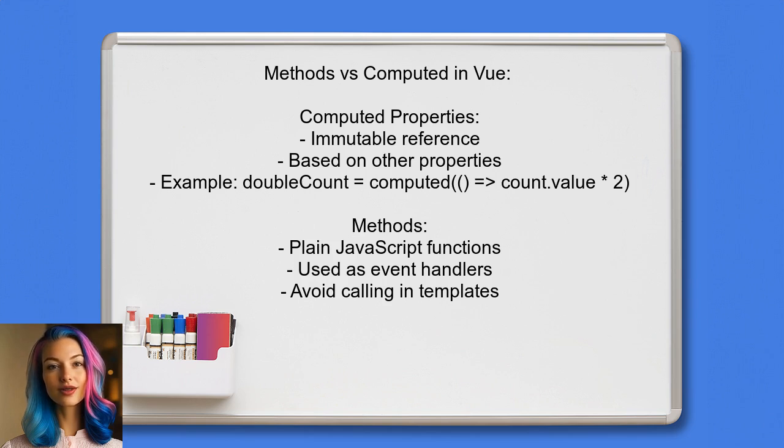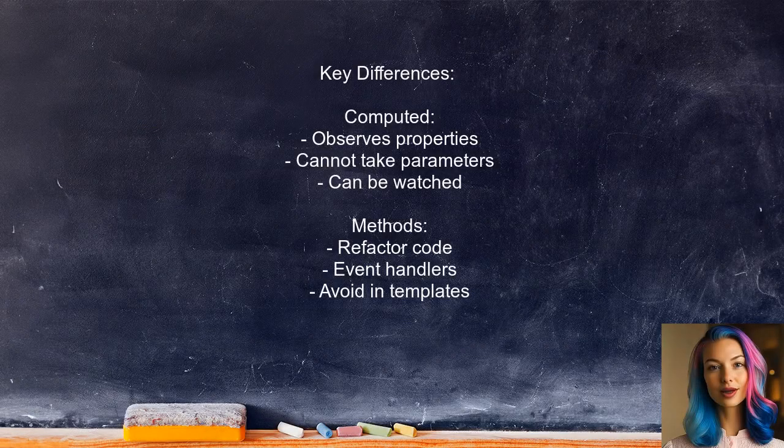On the other hand, methods are plain JavaScript functions used as event handlers and should not be called directly in templates to avoid rendering issues. The key differences are that computed properties observe changes and cannot take parameters, while methods are used for refactoring code and handling events. Remember, computed properties can be watched, but methods should not be used for rendering.